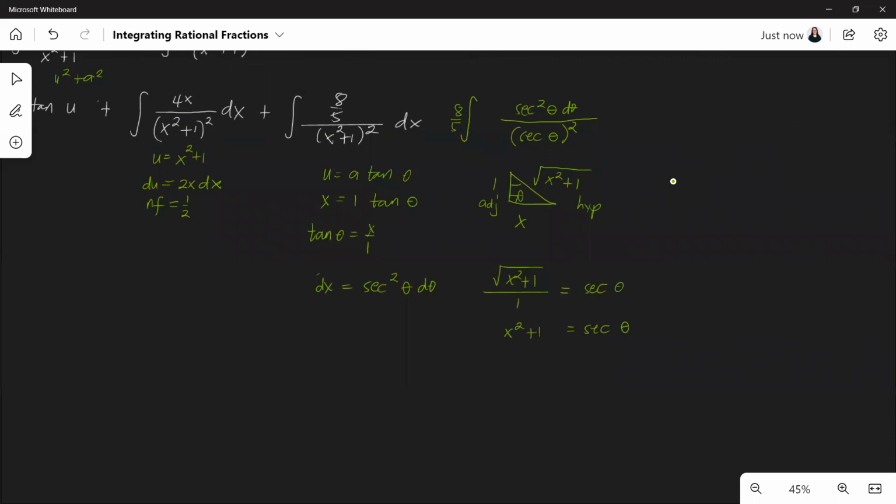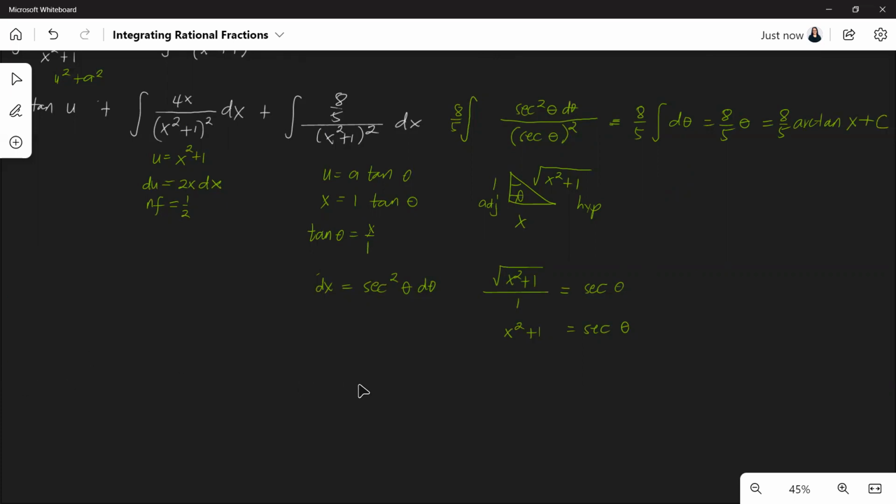That's basically equal to d theta. So this is equal to 8/5 times the integral of d theta, or that's 8/5 theta. And from this equation, tangent theta is equal to x, so theta is arctangent of x. So this is equal to 8/5 arctangent of x, plus c, of course.